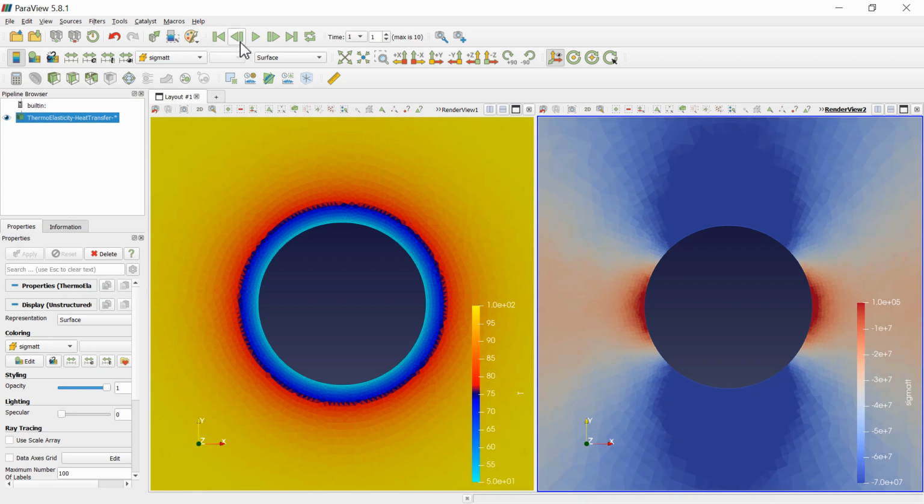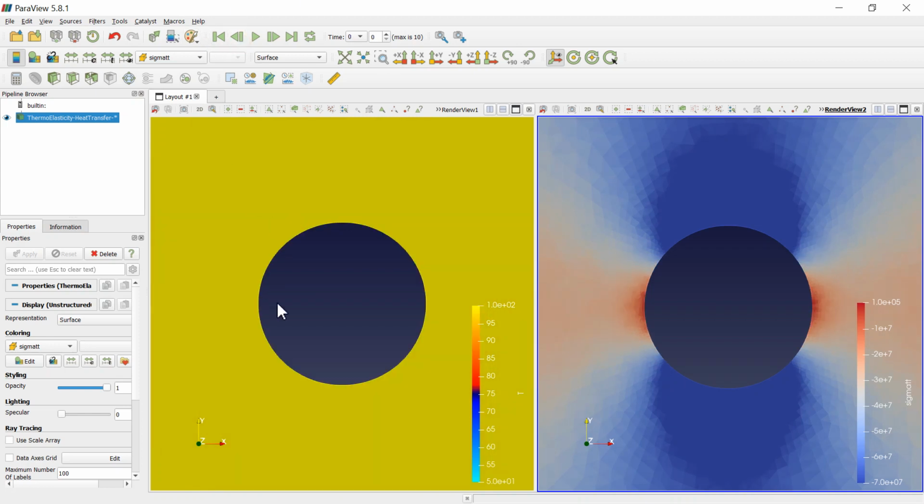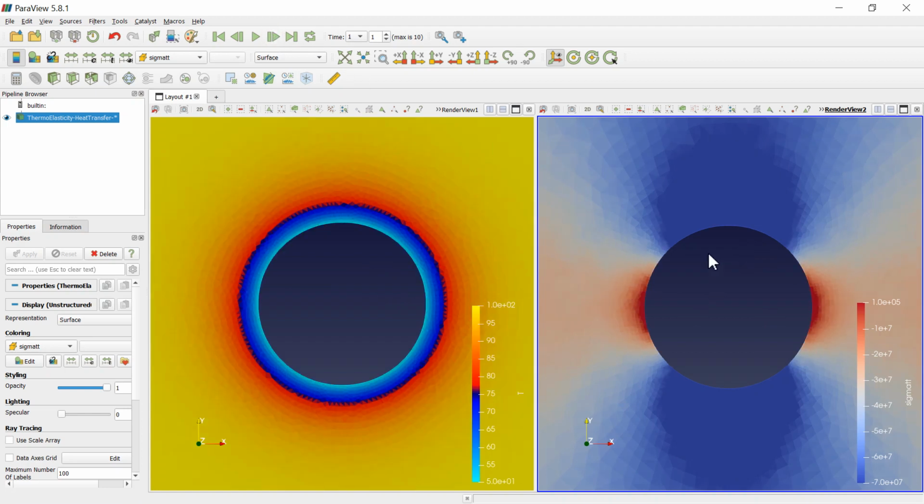Let me come back in time. I want you to notice how the stresses change because of the change of temperature. So I go to the next time step, and you see how the area with tensile stresses increases, and also the area of the compression stresses starts to enlarge.